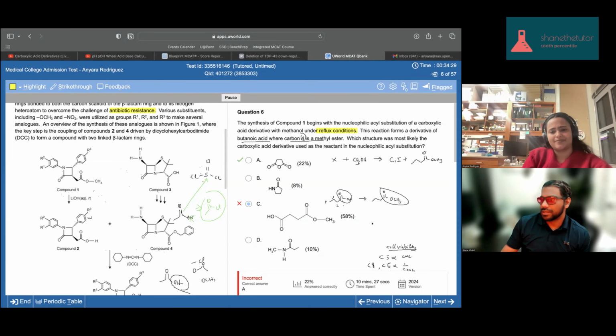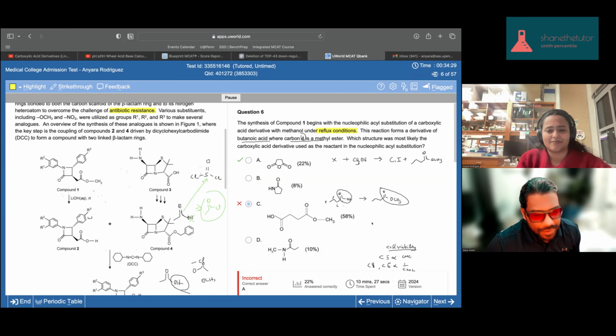So let's imagine what can happen with the methanol for each of these things. For instance, if I had a methanol here, it would attack there and push that over there.